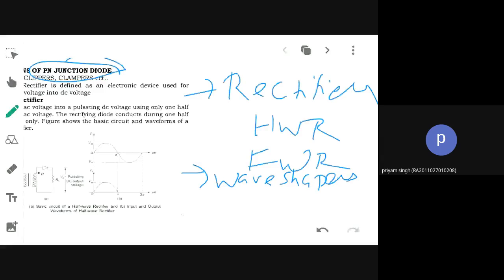Again, I'm telling you, whoever is not even trying to respond from your side will be marked absent, and you cannot claim your attendance from my side. You cannot give an excuse. Tell me, Balamaniganda, what are the wave shaper circuits that you have studied in your laboratory class? In the laboratory, there is an experiment called wave shapers. Under that, what are the circuits that you are trying?